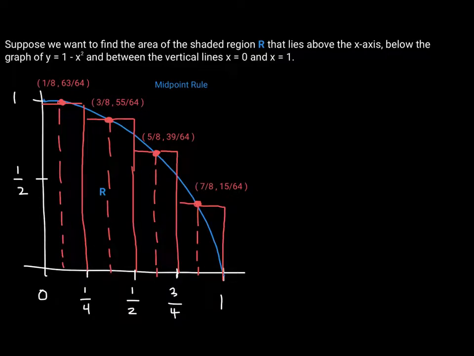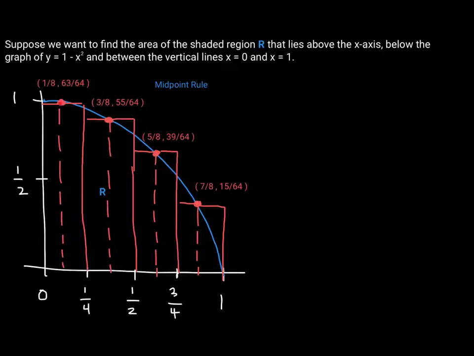So for example, the width of this rectangle is 1/4, just like they've been for the last few examples, but the midpoint between 0 and 1/4 is 1/8. And so I evaluate my function at 1/8, and that's what I make the height of the rectangle.